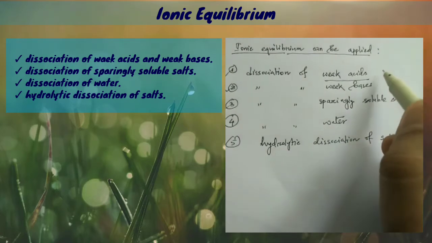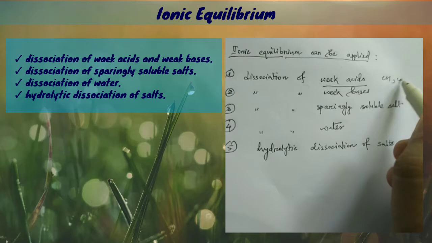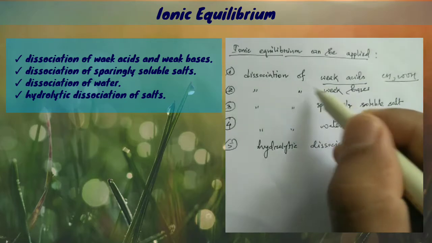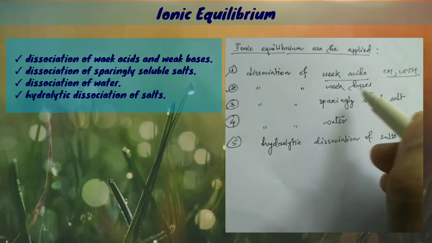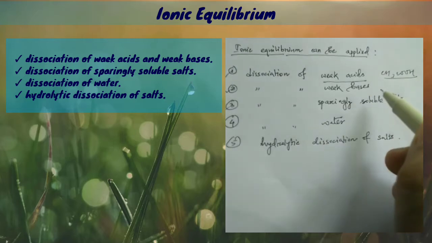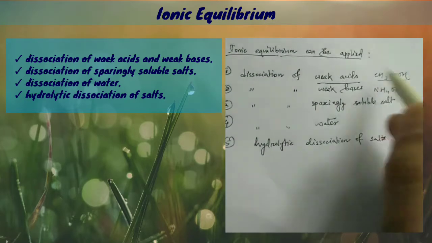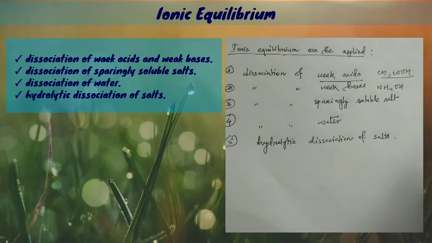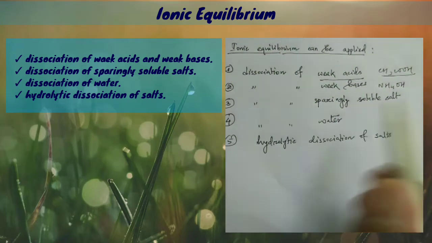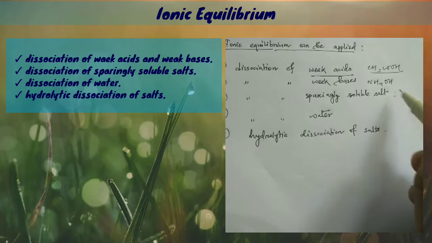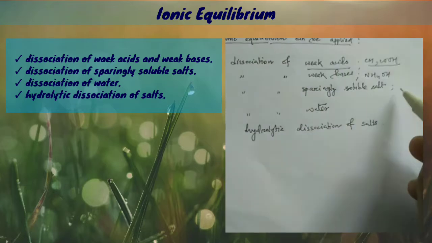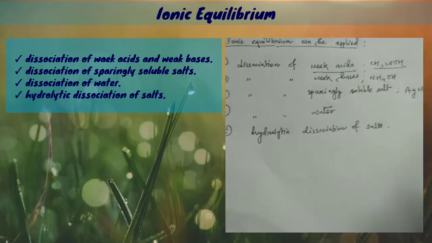The example for weak acids is CH3COOH, acetic acid. For dissociation of weak bases, the example is ammonium hydroxide in aqueous solution, that means in water. For sparingly soluble salts, the example is silver chloride in water.